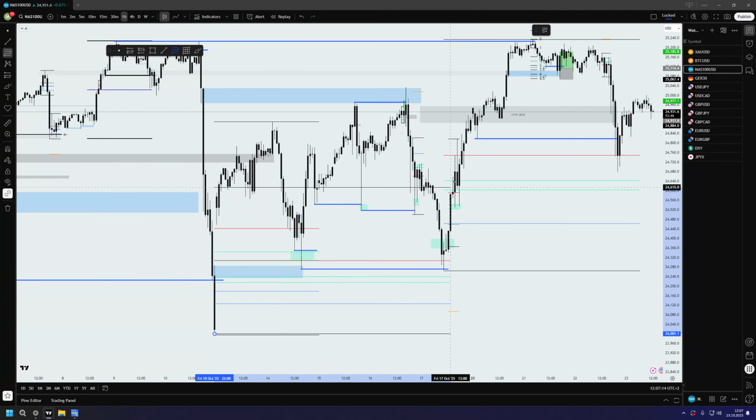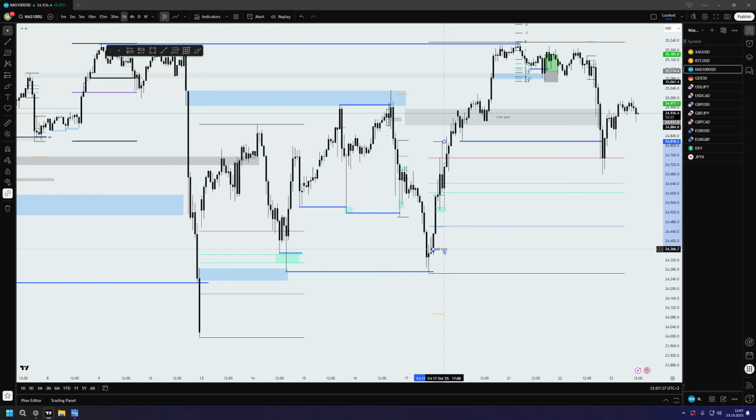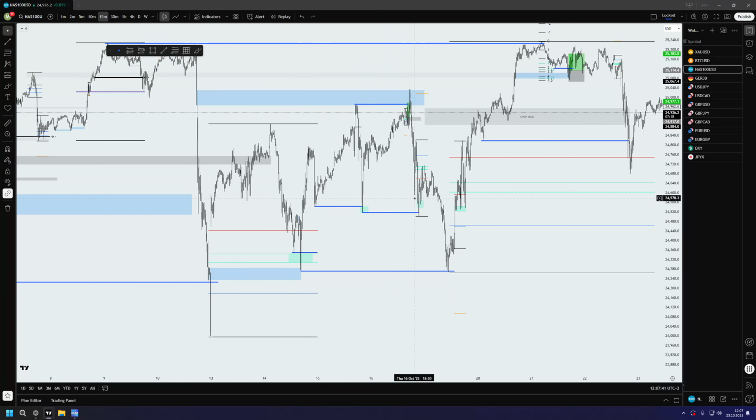Now again to the OT, which in this case isn't really perfect, but there is a reason why it's not perfect. We had this low, which is liquidity, because it's a weak low. There is no POI here, only wicks. So we swept this low and then started going up again.